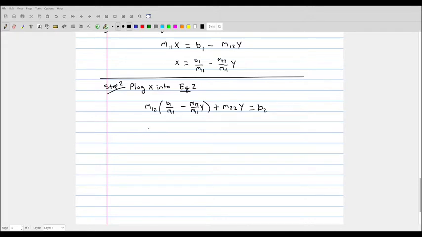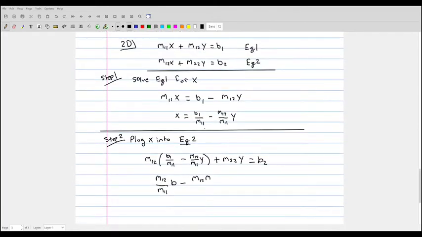Now we can rewrite this a little bit. If I distribute the m12, this is m12 over m11 times b1 minus m12 times... oh, and I just realized that I made a small typo here. This should be m21 times x, because in general m21 is different than m12.